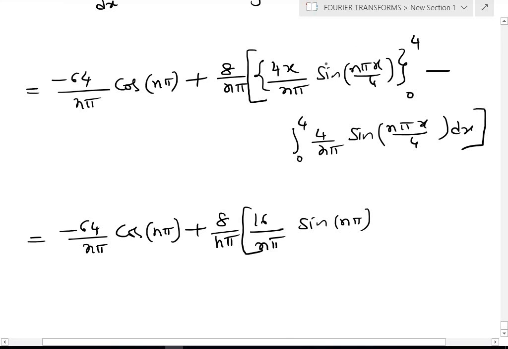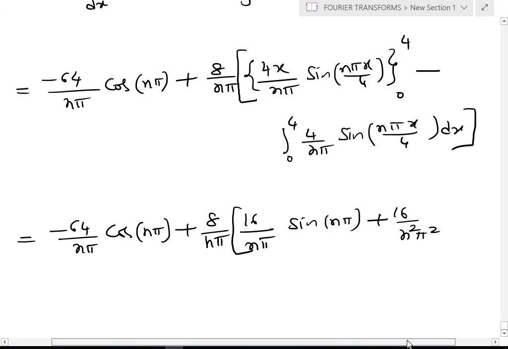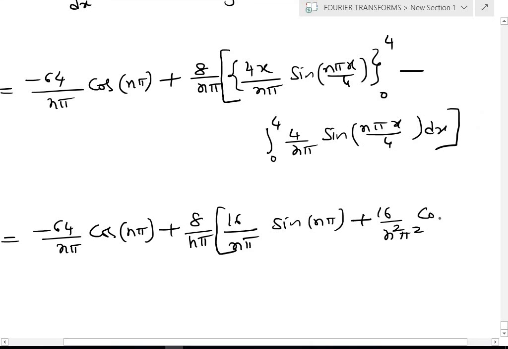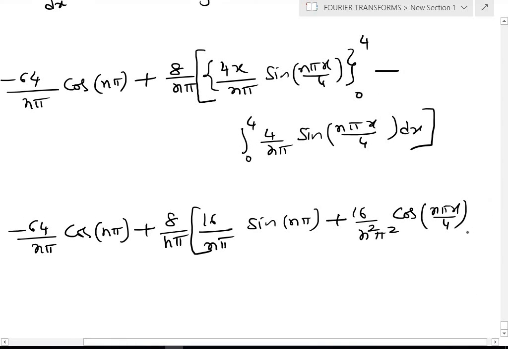The lower limit will be 0, you need not substitute. Then the minus sign will be there. Integration of sine will become minus cos, so that is plus, 4 square, 16, divided by n square pi square, of cos of n pi x by 4 with limits from 0 to 4. Don't forget to put this.